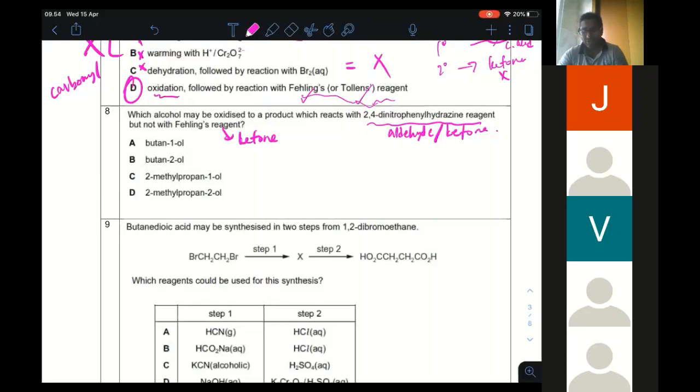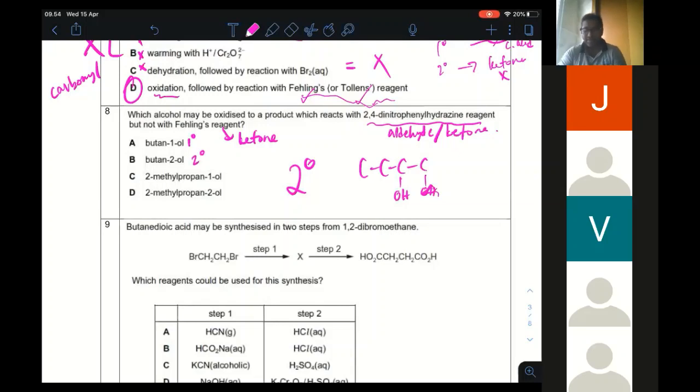So which alcohol can be changed into ketone? It means we are looking at the secondary alcohol. You need to find out which one from here is a secondary alcohol. So butan-1-ol is going to be a primary alcohol. Butan-2-ol, if you have OH over there, is going to be a secondary alcohol.